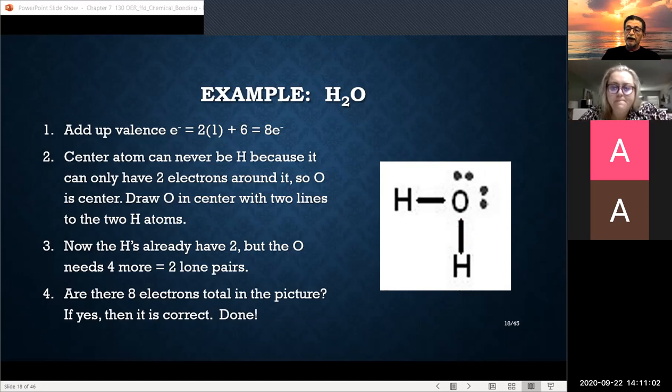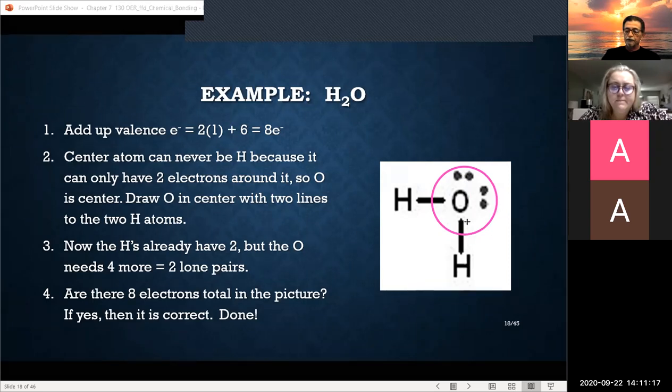So when I start counting the octet, okay, I simply look at the central atom by itself, just looking at the oxygen. I have 2, 4, 6, 8 electrons around the oxygen. Because those in the line are being shared by 2 atoms and therefore can be counted individually for each atom.